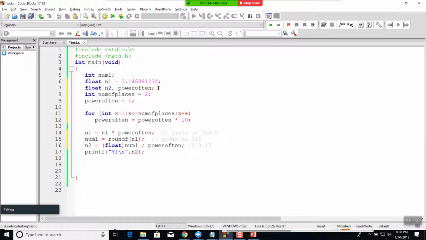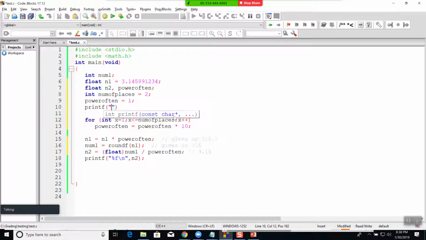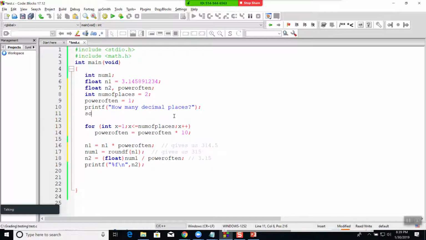So if you had something like that, and you'd ask them how many decimal places, scanf %d, and then number of places. Then I won't hard code it there.